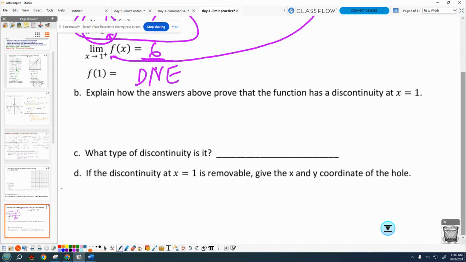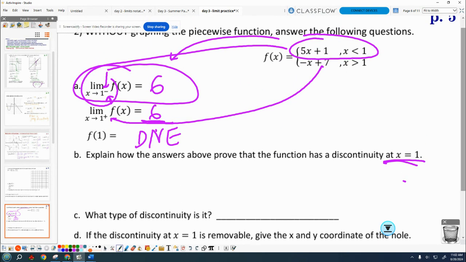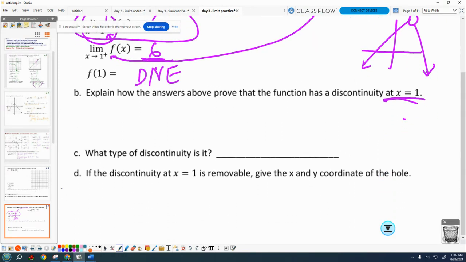All right. Why does this make this a discontinuity? Yes, Claire? So on the graph, would it have a hole at 1 and 6? There would be a hole at the coordinate 1, 6. She just told us the coordinate of the hole is 1, 6.